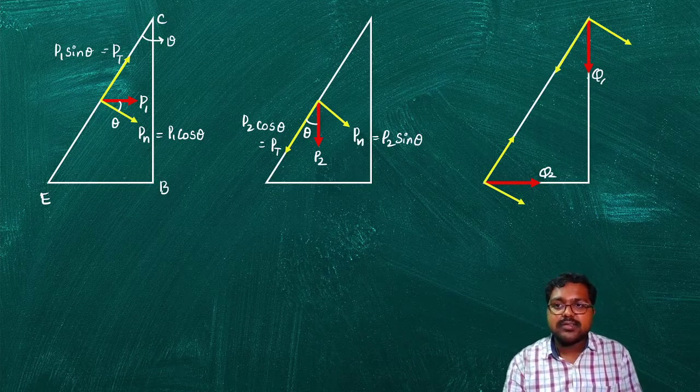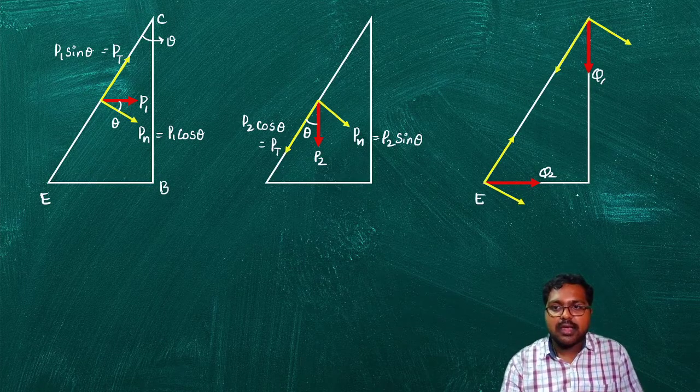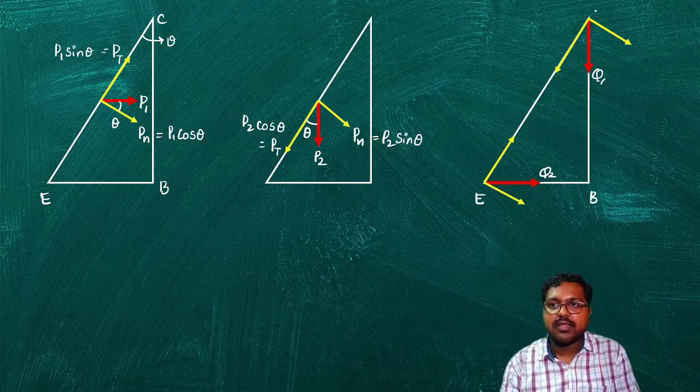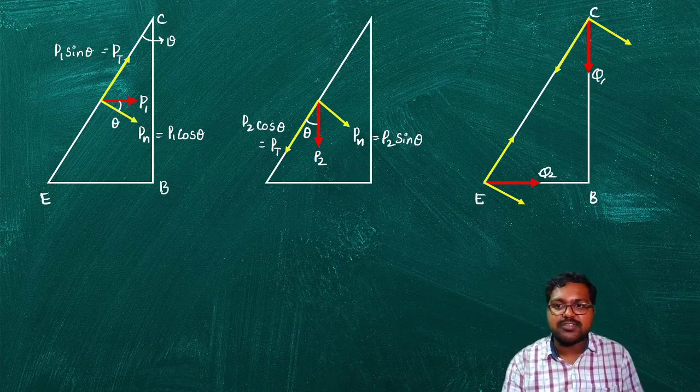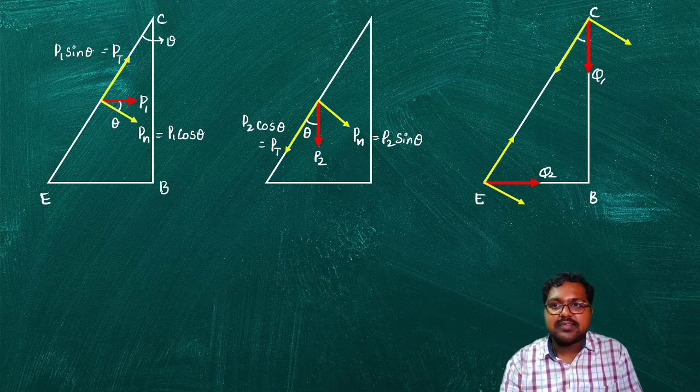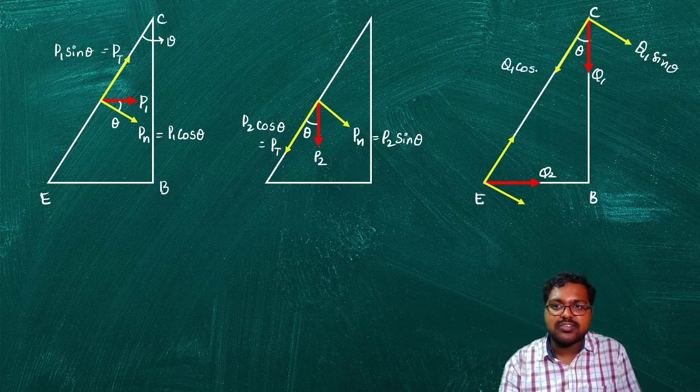Now going to this third case, where shear forces Q1 and Q2 are acting on the surfaces EB and BC. If we resolve these shear forces into normal and tangential components to the member EC, this is the angle theta, so I will get the normal component as Q1 sin theta and the tangential component as Q1 cos theta.